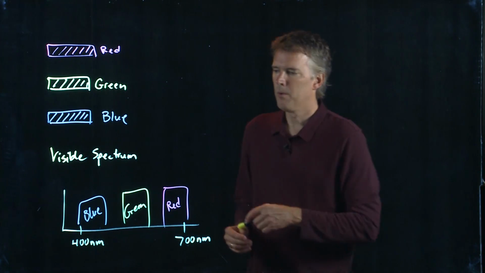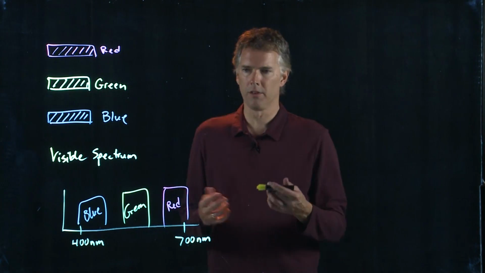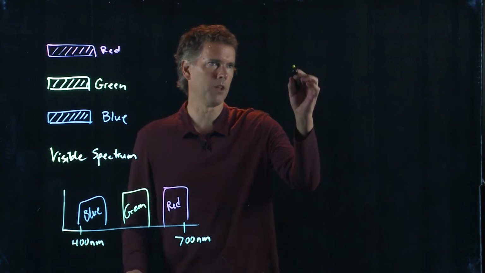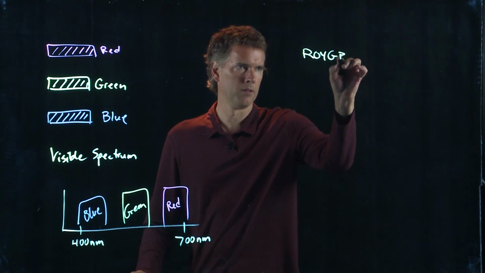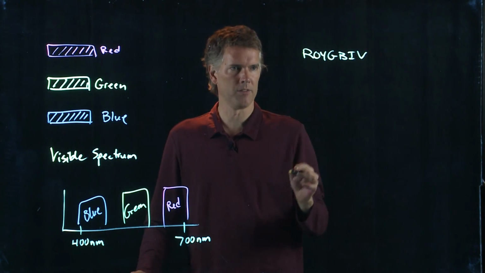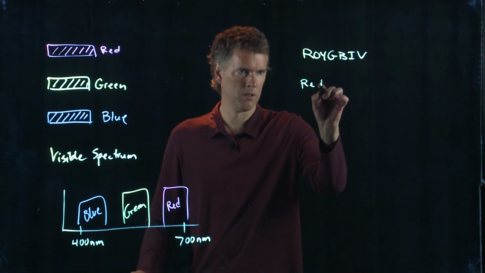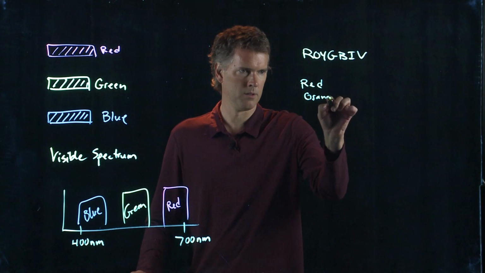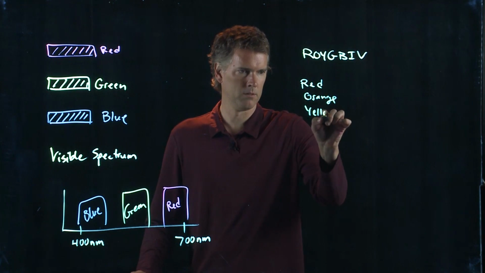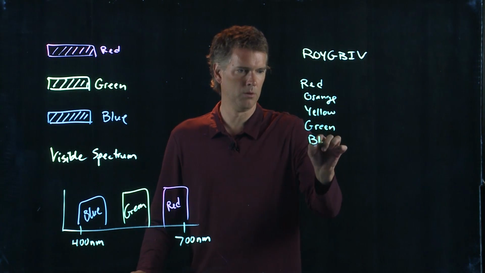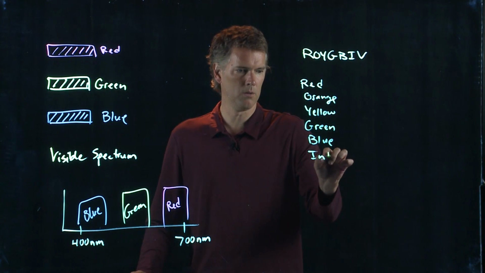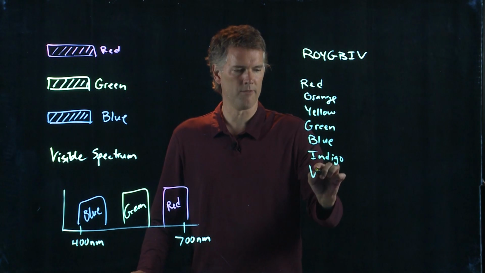Okay. And when you think about all the colors in the rainbow, one of the things that they taught you was Roy G. Biv. Right? What does that mean? Red, orange, yellow, green, blue, indigo, and violet.